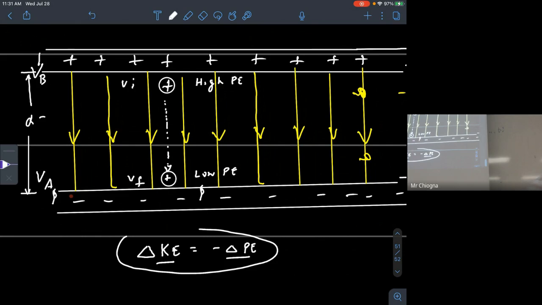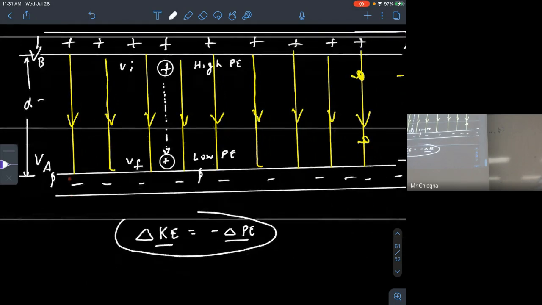Okay, so let's write it out. What we're after is the final speed, an equation that relates the final speed VF to the potential difference, VB minus VA, VBA.